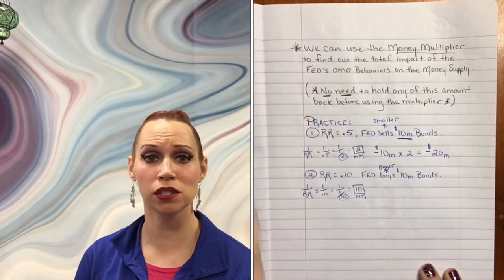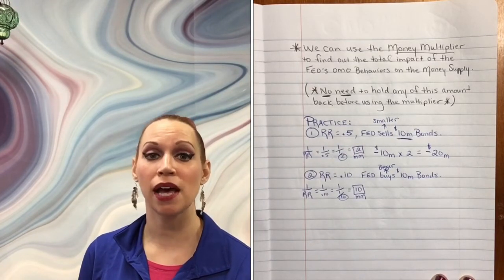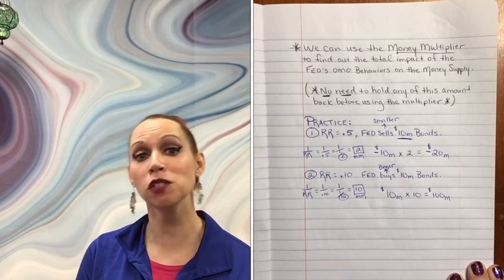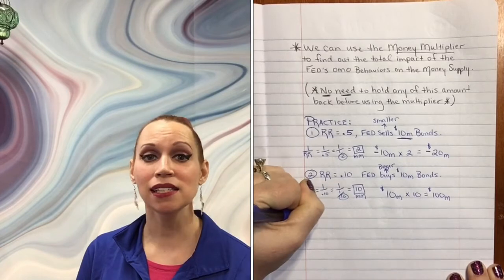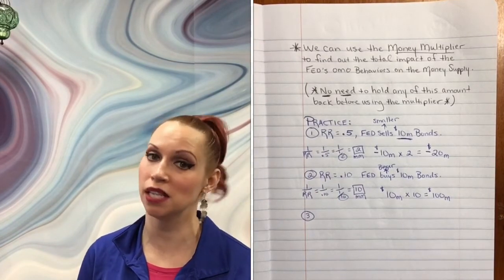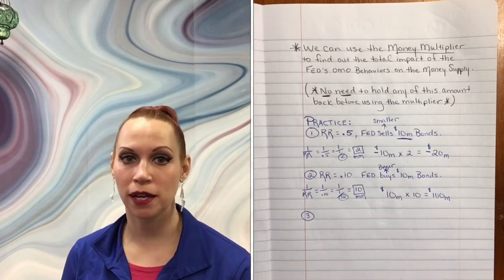Now, when the Federal Reserve buys $10 million worth of bonds, that means that we're going to take that $10 million, multiply it by our multiplier, which is 10, and that's going to be an increase of $100 million in the M1 money supply.